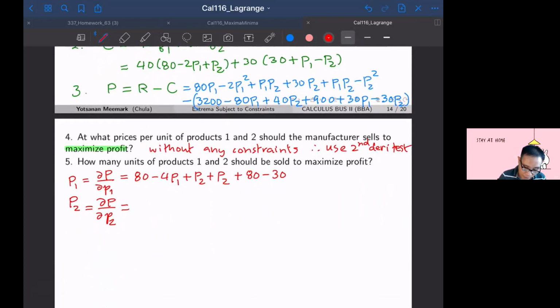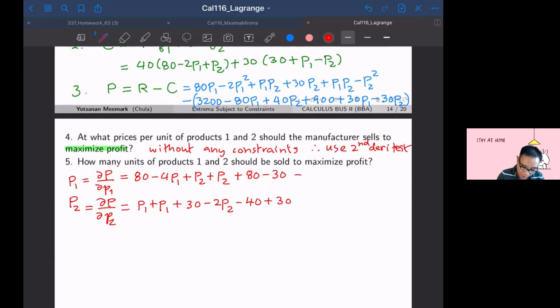So it's gonna be P1 plus 30 minus 4, not so, 2P2, and you have minus 40 plus 30. So this one will be the derivative with respect to P2.